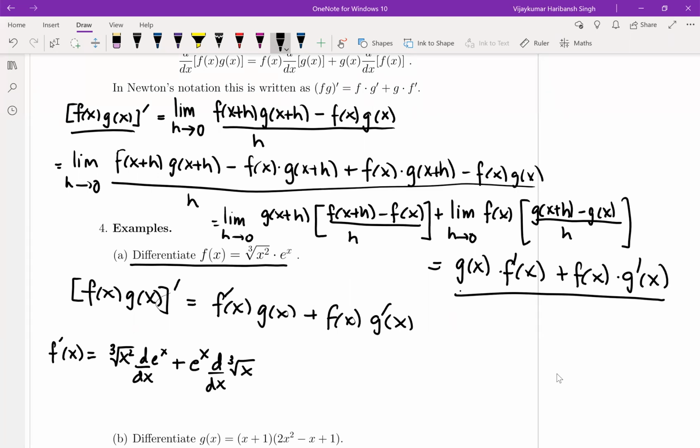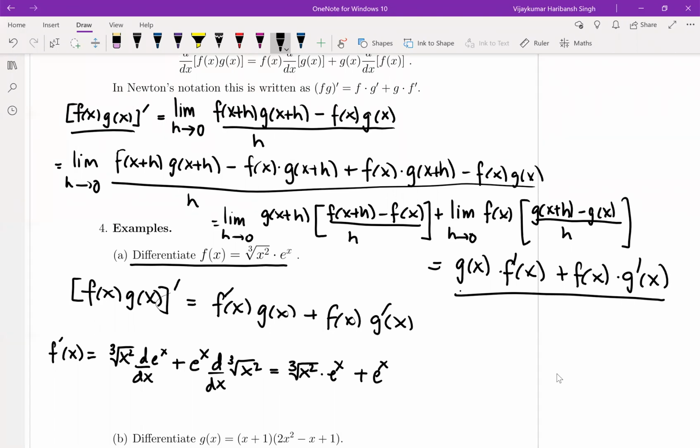Now here, the derivative of e to the power x is e to the power x, plus e to the power x times the derivative of x to the power 2, there's a power 2 missing here.